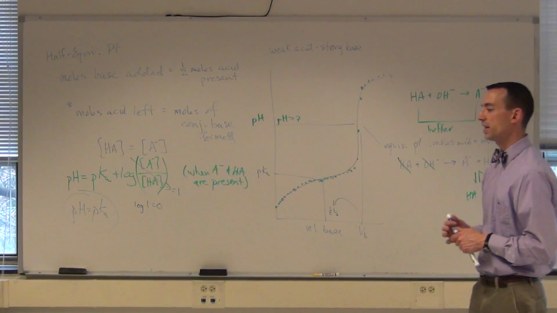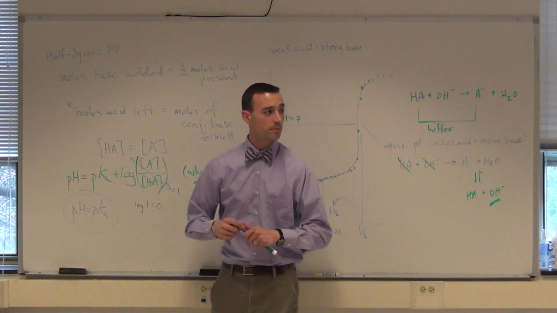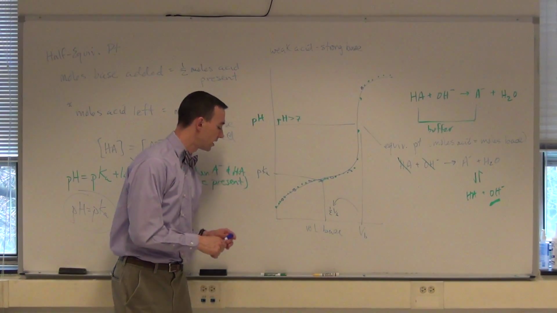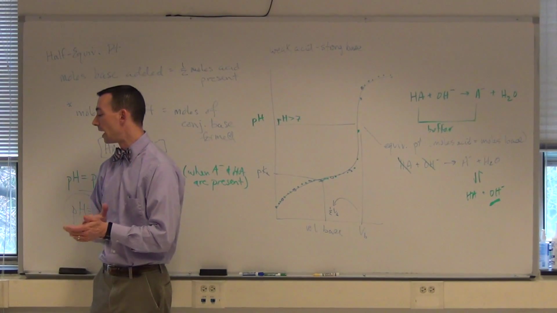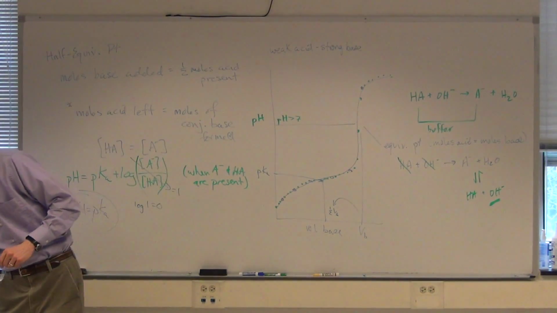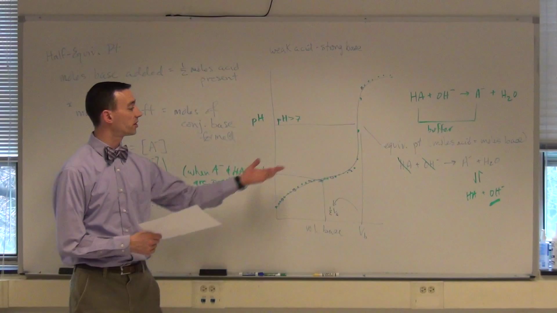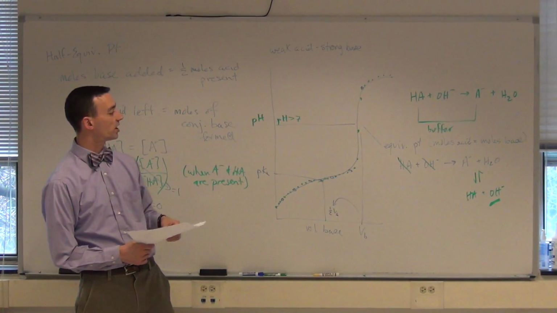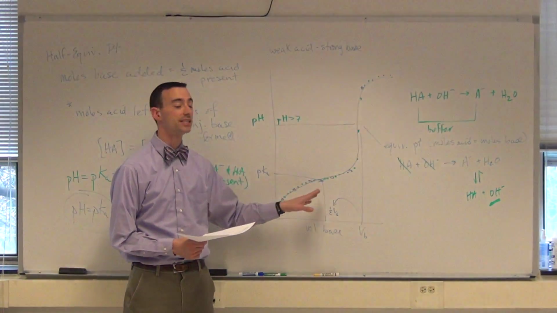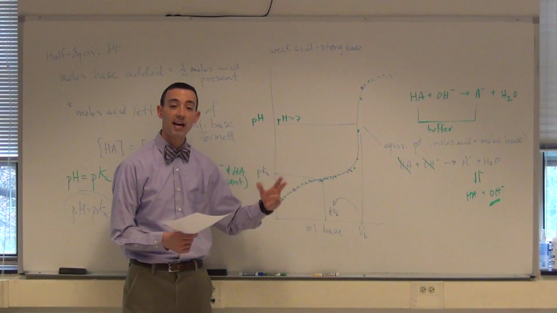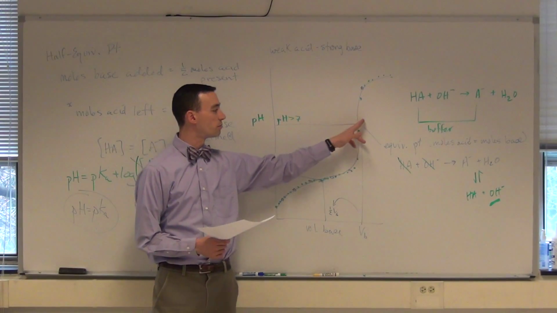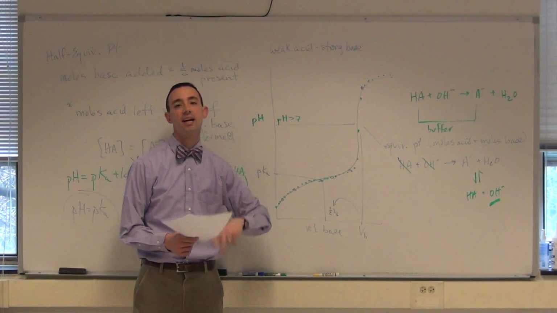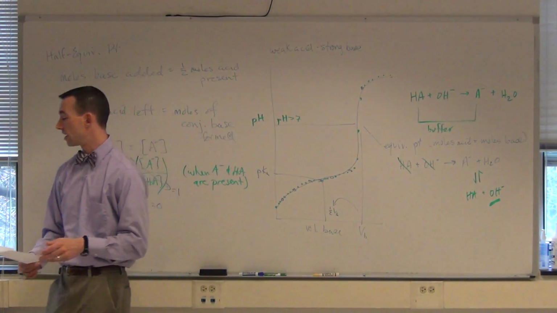All right? So I think I've addressed most of the issues associated with the lab and with the pre-lab as well. The third pre-lab question asks you to explain how you're using this titration curve, so we've essentially done that. On a titration curve, you're looking for these two key points, the equivalence point and the half equivalence point, that can give you the molar mass and pKa, respectively, of the unknown acid.